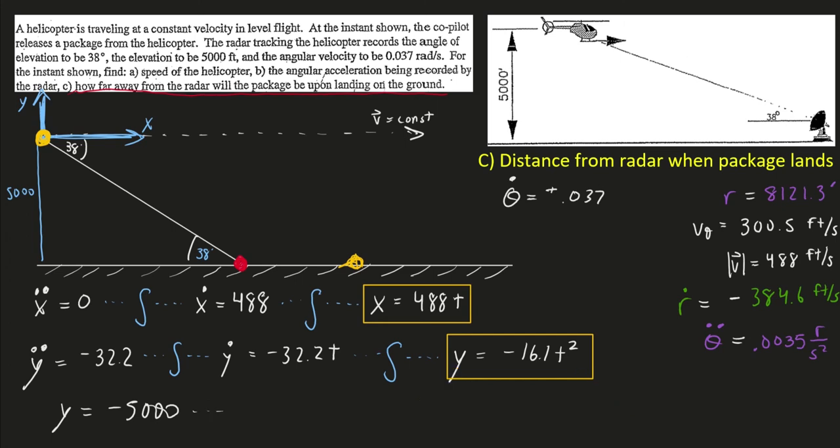If we do that math, we'll get that we land at 17.6 seconds after we launched. If we take that 17.6 and ask the question, what is x at this time, we'll get that the x-coordinate of our package is approximately 8,600 feet.